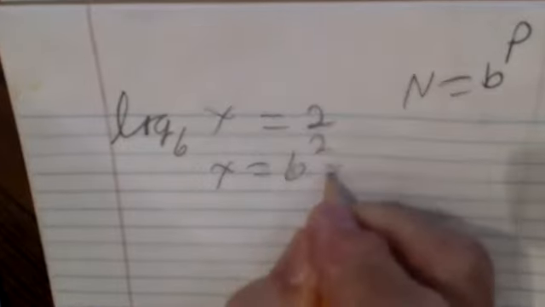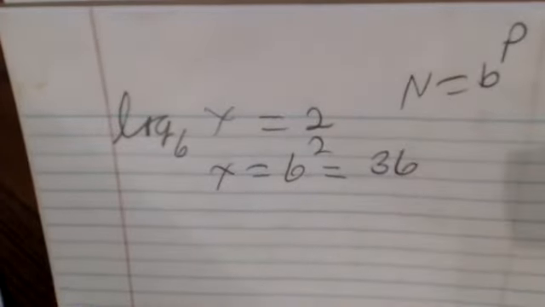Remember, you can write it in exponent form. And when you write it in exponent form, it's the number is the base to the power. So this says that x is 6 squared, and 6 squared is going to give us 36.